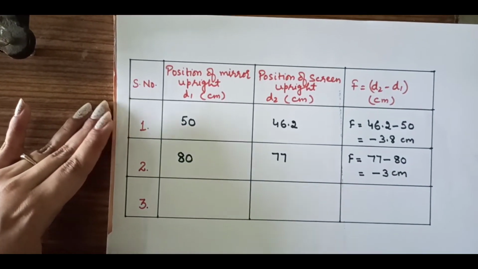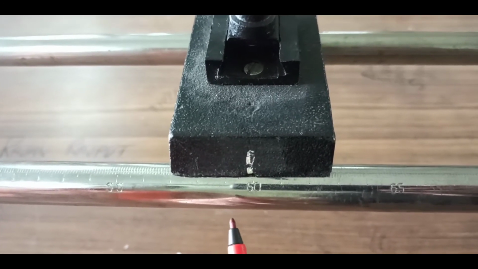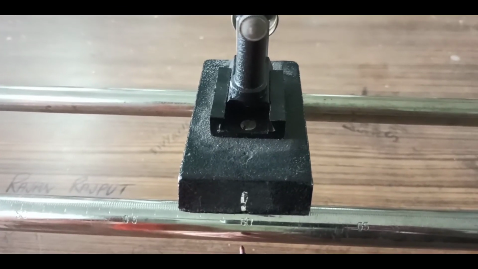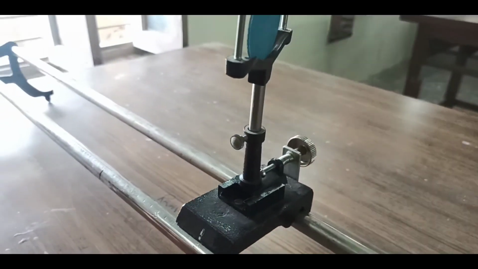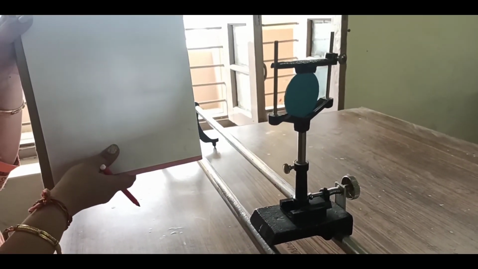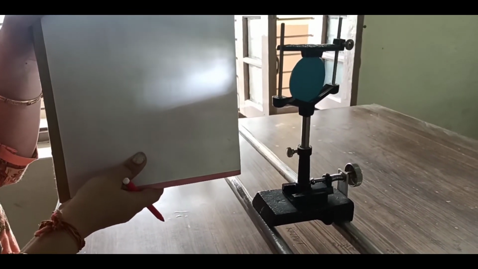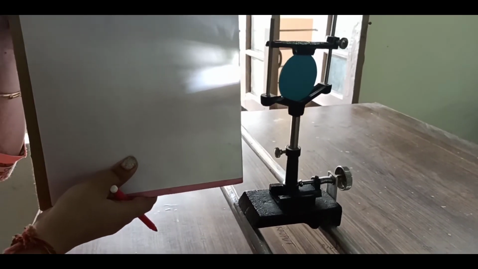Now to take the third reading, I have adjusted the position of the mirror upright at 60 centimeter. Now we will note down the position of the screen where we get the clear point size inverted image of the tree.